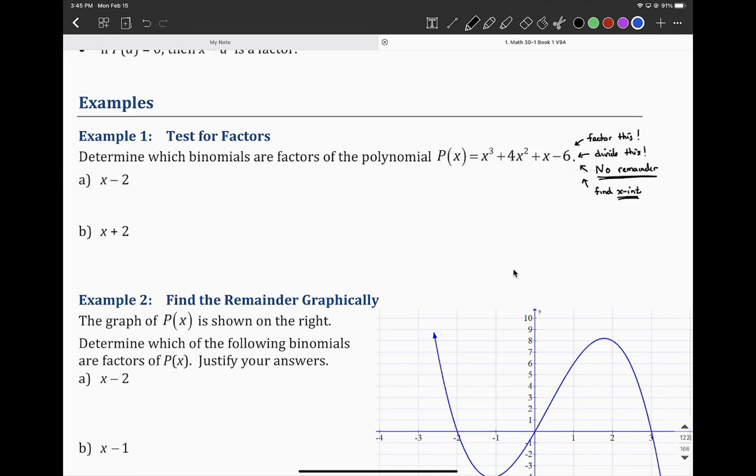So essentially what we're asking you to do is to say, what happens if we divide by x minus 2? Or we're basically trying to say, is this a perfect factor? Which is exactly the same thing as saying, is x equal to 2?